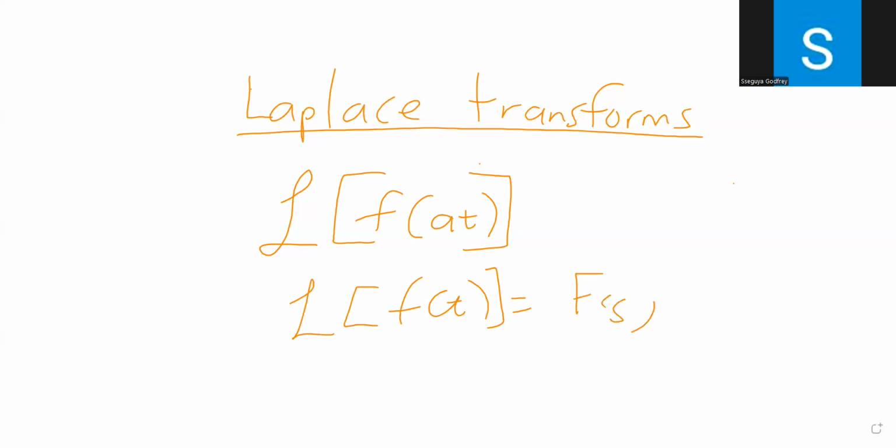Forgive my handwriting. This one will be simply 1 over a times F(s over a). Meaning that even for this one, first find only the Laplace transform of f(t) without this constant a. Then proceed with this formula of 1 over a F(s over a), after identifying a, as I clarified in the first one.